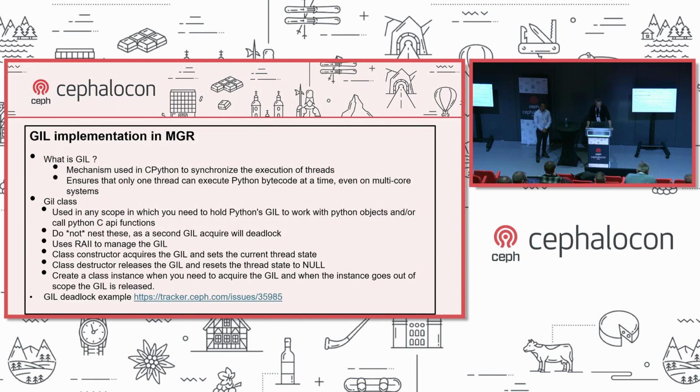Similarly, you can get a core dump from the manager and then through a process of inspecting those threads and also doing some code inspection, it becomes clear what's going on in terms of grabbing locks and not letting them go.